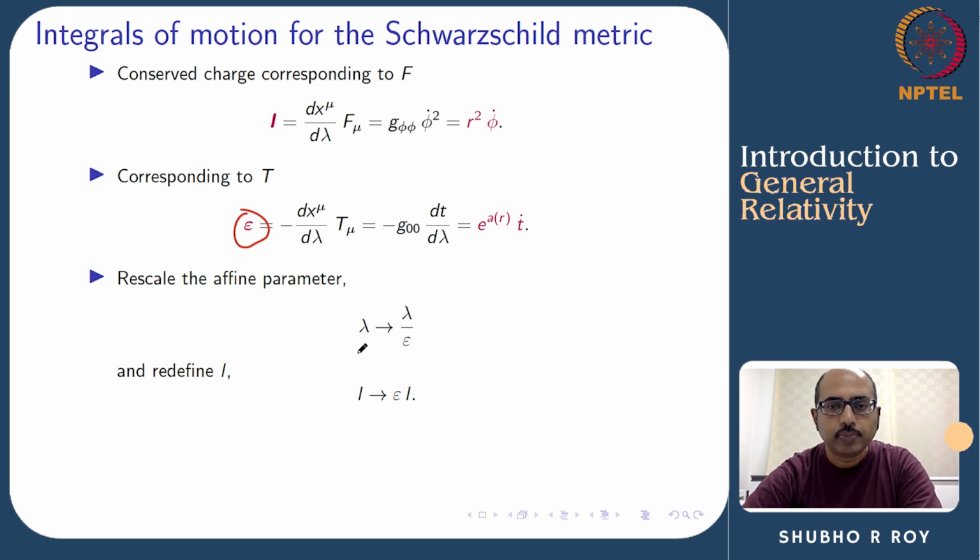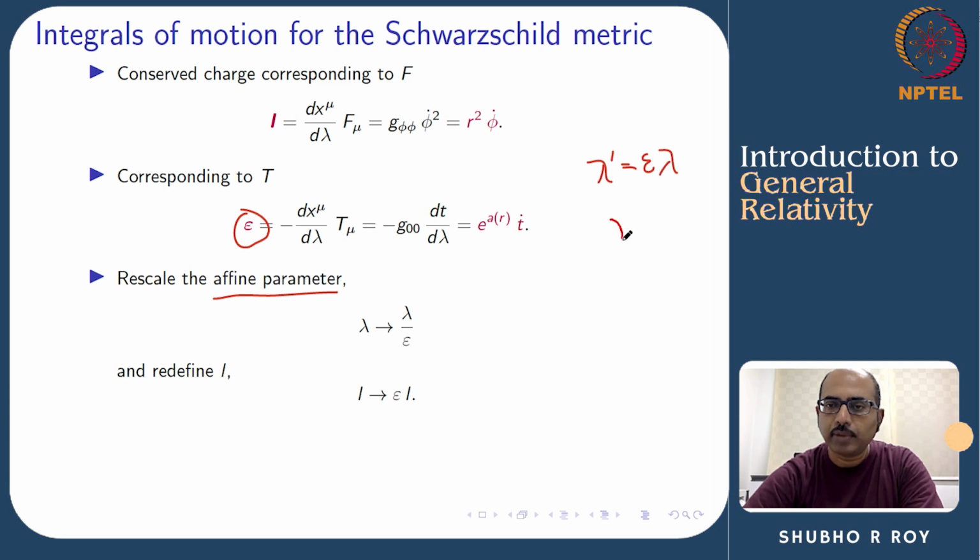Alright, so if I rescale my affine parameter lambda to lambda prime, my new affine parameter lambda prime is epsilon times lambda.